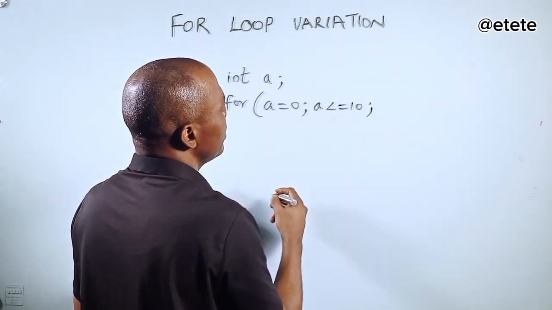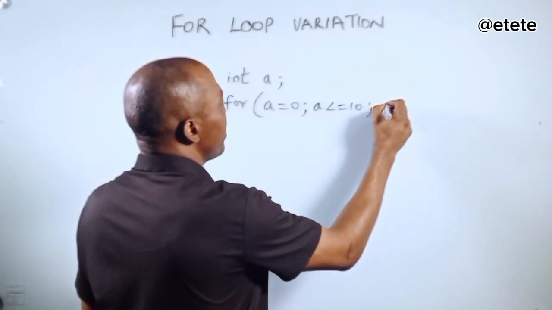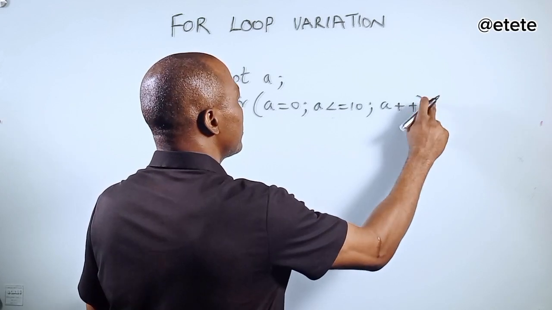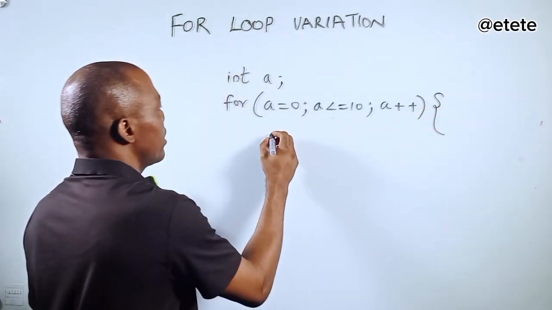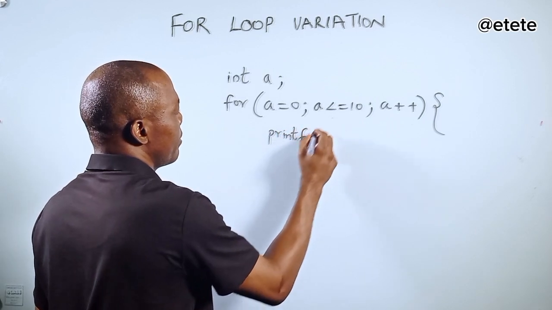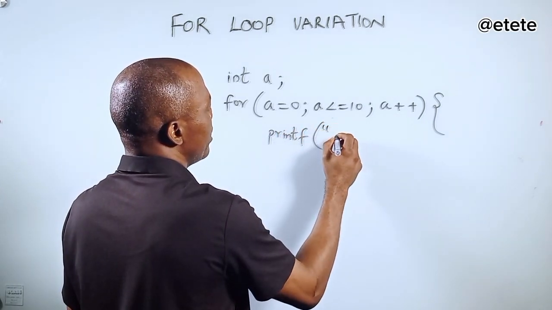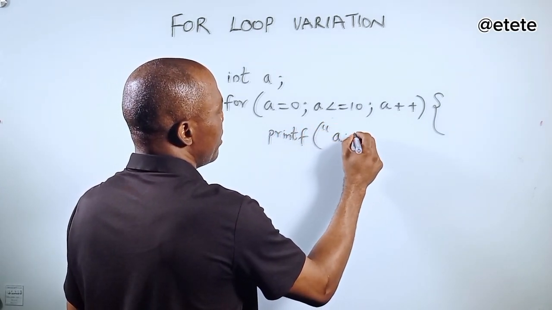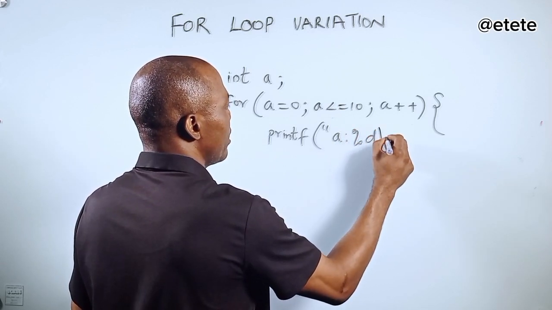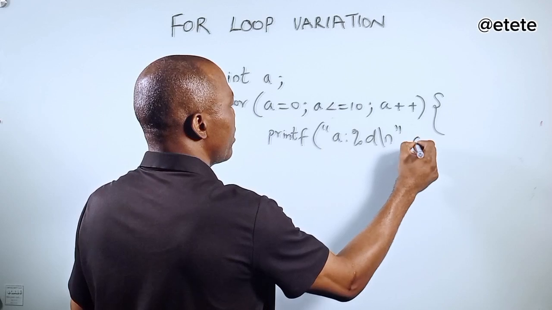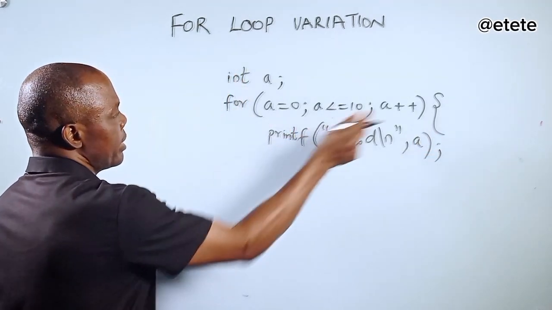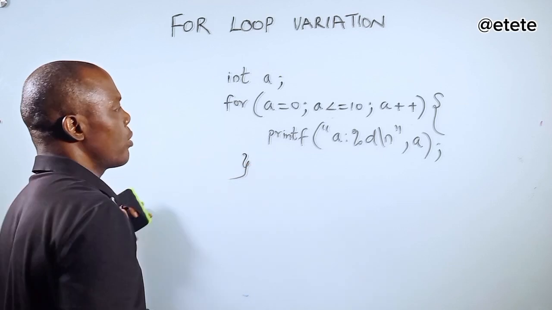And then I put my a plus plus. Then here I'll say printf, and then I'll say a, with backslash n, so this is a statement, and then I close it.